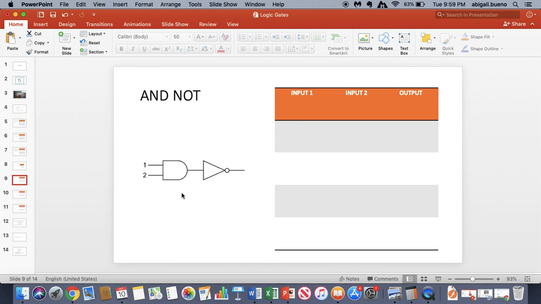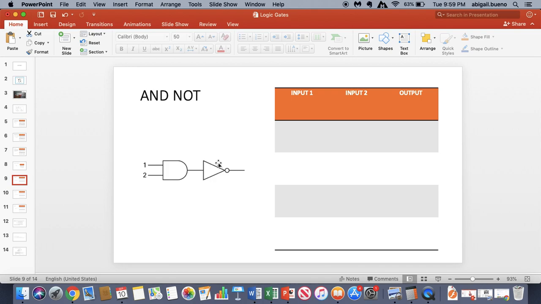Here, these are combinations of two logic gates. An AND gate, with two inputs. It has one output, and this output of the AND gate is the input of a NOT gate. So let's make the truth table for this. What can you expect the truth table to be?